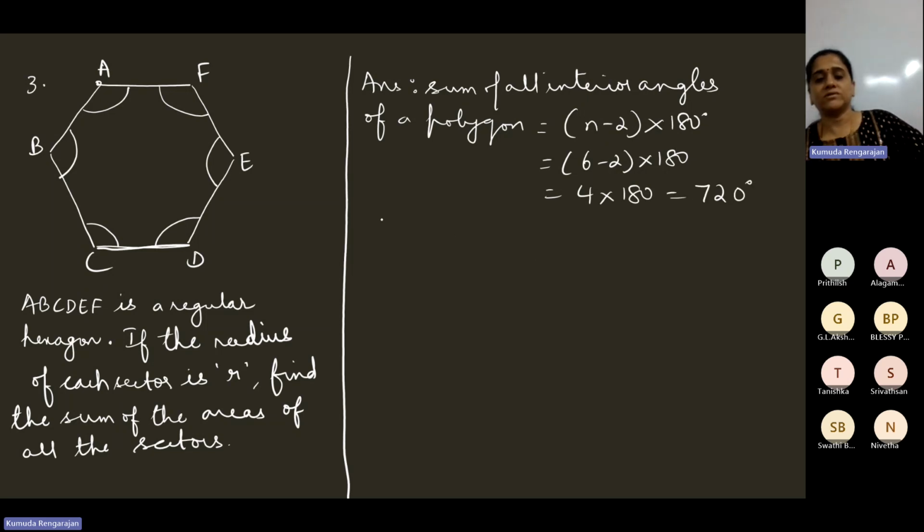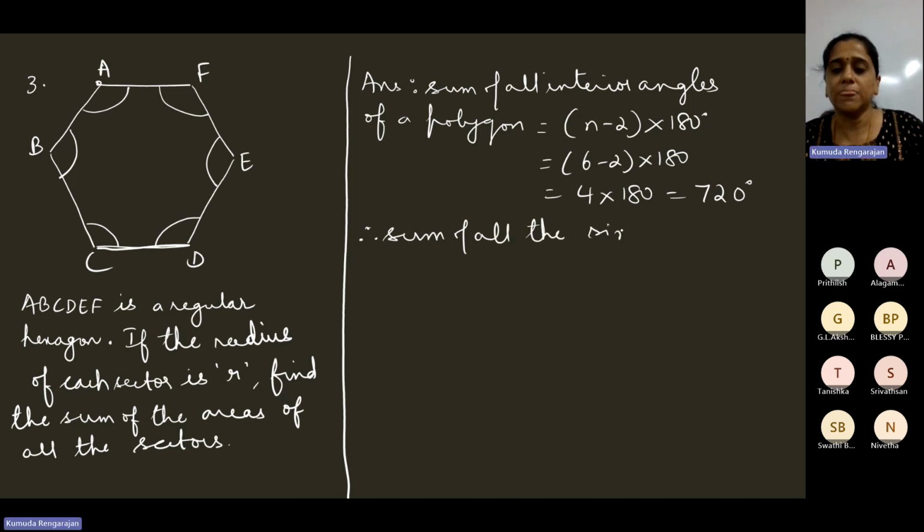Therefore, the sum of all the 6 interior angles of the regular hexagon is equal to 720 degrees.